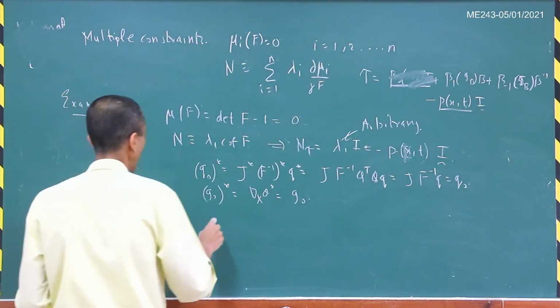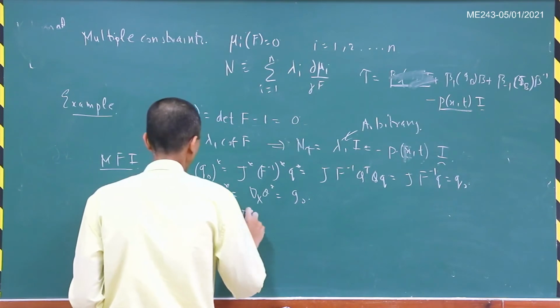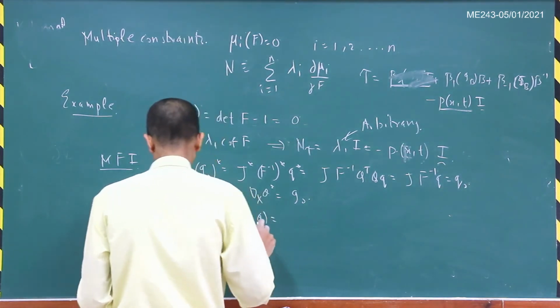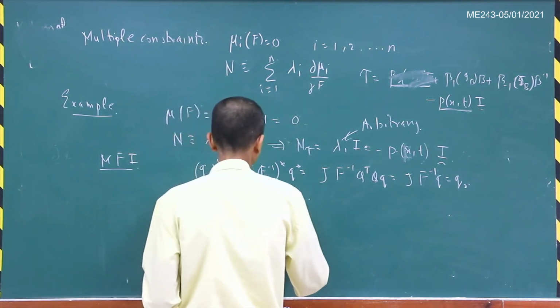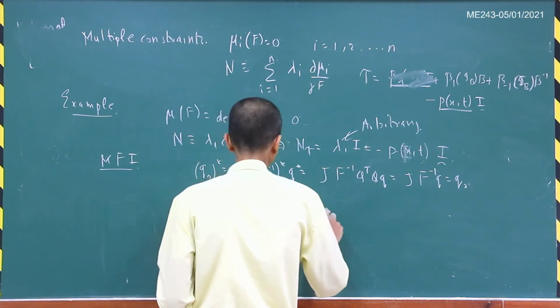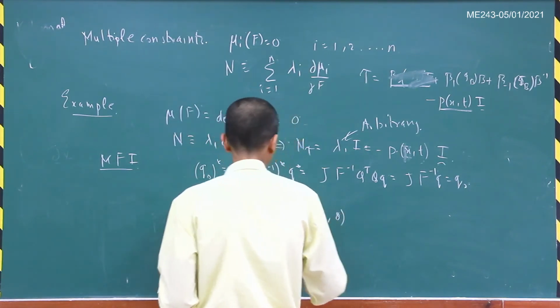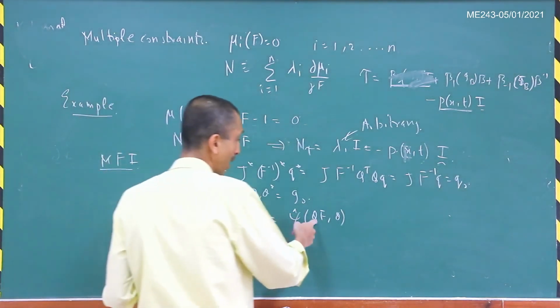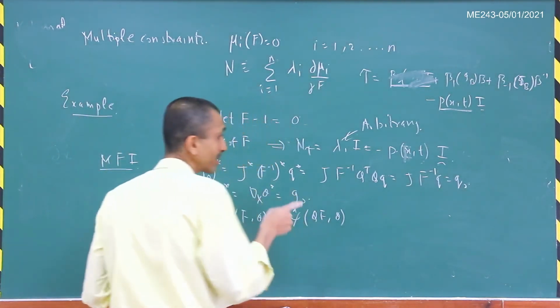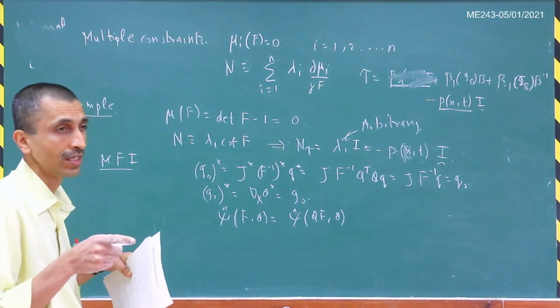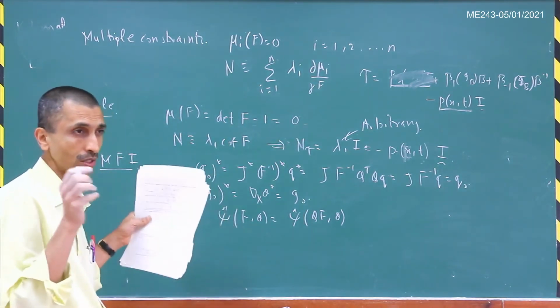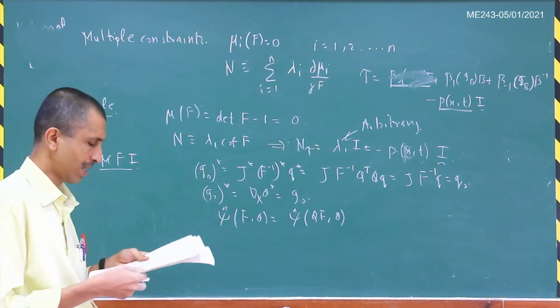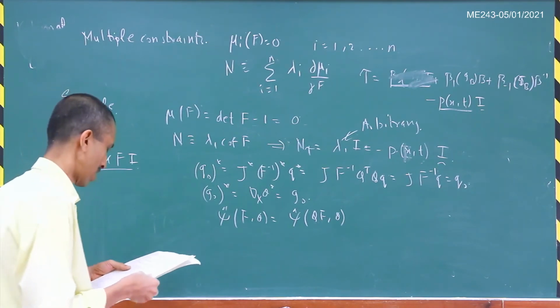So we will get that psi hat of F comma theta is equal to psi hat of QF comma theta. That is for the two different observers. We have seen that F star is equal to QF, and the same free energy, because free energy is a physical variable, is observed by both the observers. So you will get this particular thing.